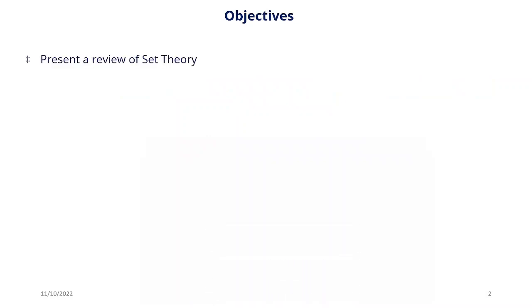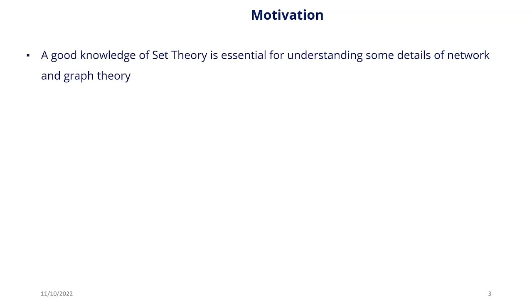Objectives of the class today is to present a review of set theory, which is important for learning graph theory. The motivation: a good knowledge of set theory is essential for understanding some details of network and graph theory.